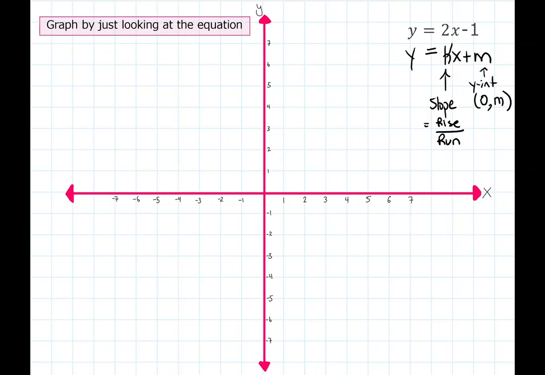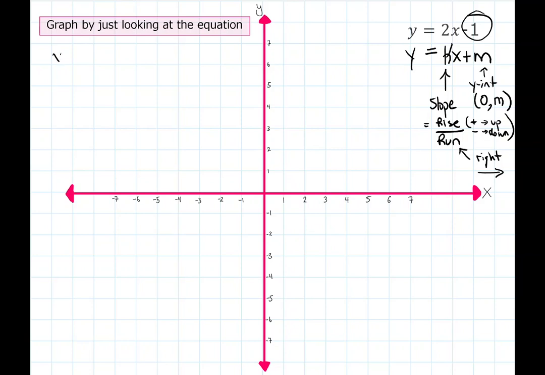Remember, rise, if it's positive, we're going up. If it's negative, we're going down. And our run, well, we're moving to the right. A good way to start is by looking at the y-intercept. Look at this m value.